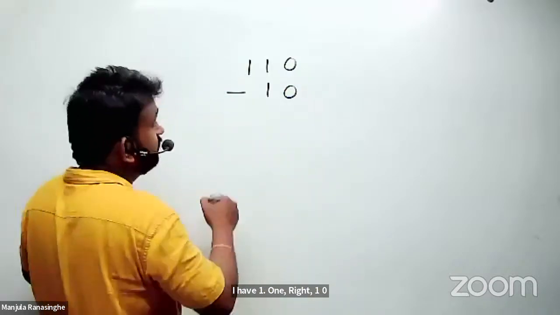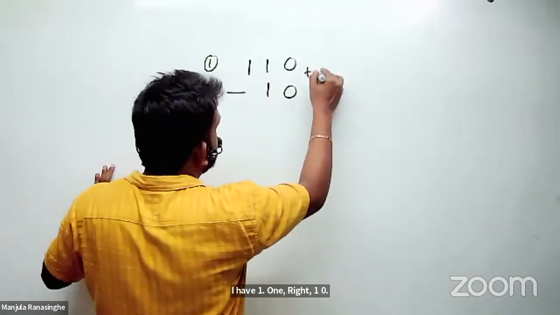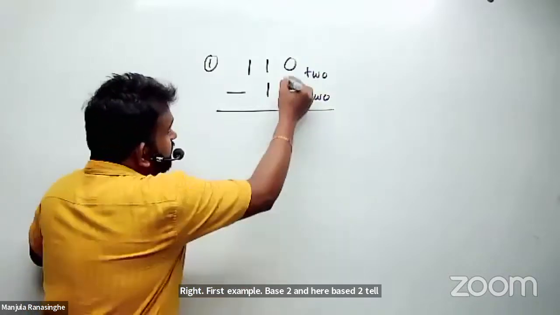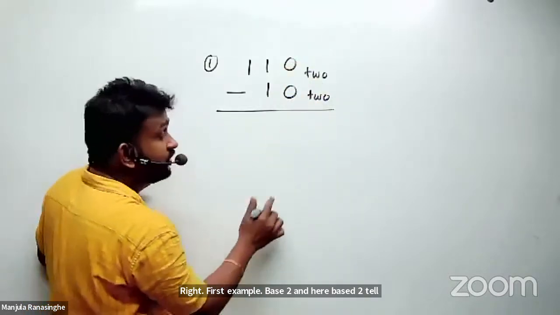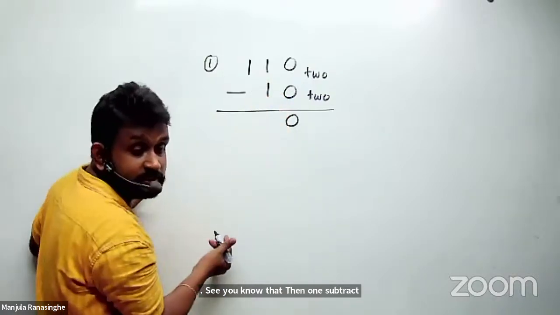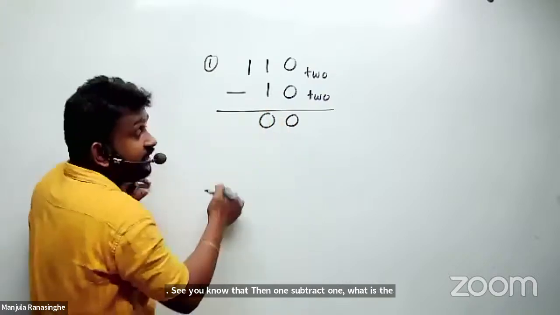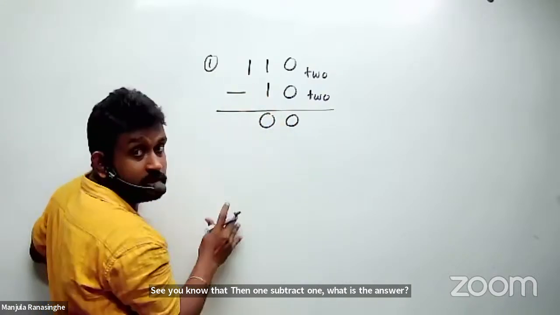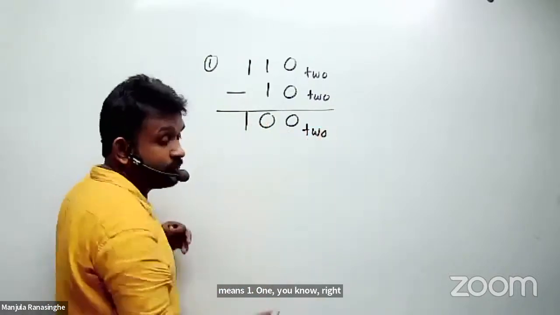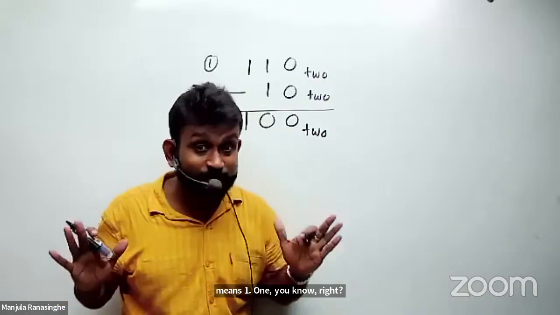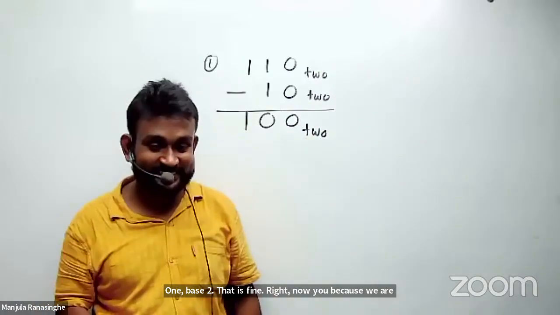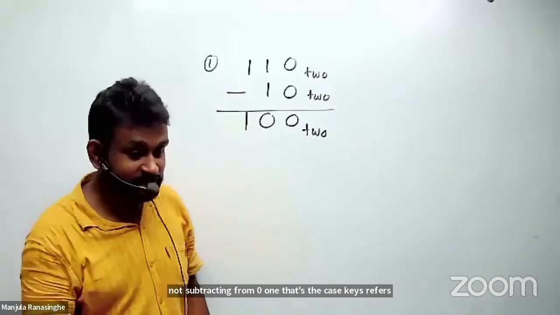Right. First example, base 2 and here base 2. Tell everyone the answer with me. 0 subtract 0. What is the answer? 0. You know that. Then 1 subtract 1. What is the answer? 0. You know that. Then 1 and here 0. 1 subtract 0 means 1. 1 base 2. That is fine. Now, because we are not subtracting from 0, 1. That's the case. Case refers to the second question.